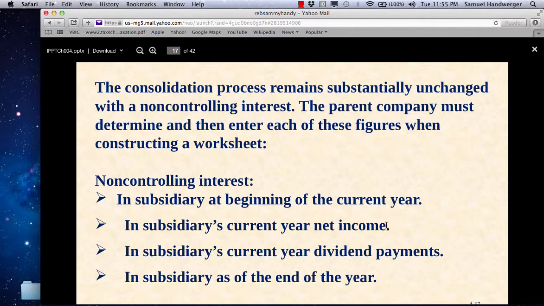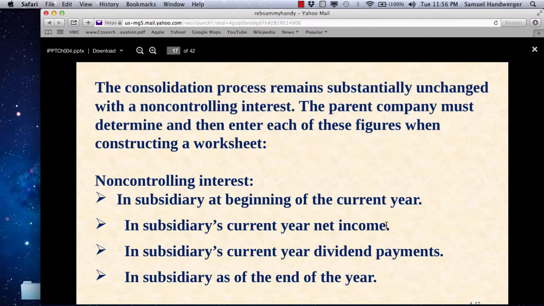So the issues that we're going to show about the non-controlling interest: we will show the opening subsidiary, quote, equity position of the consolidated statement. That'll be the beginning of the current year. We'll show the subsidiary's current year net income that belongs to the non-controlling interest.